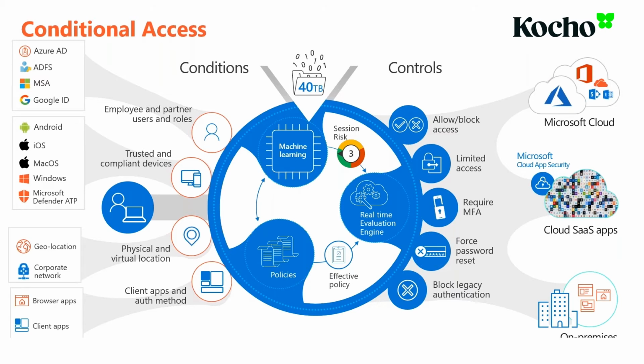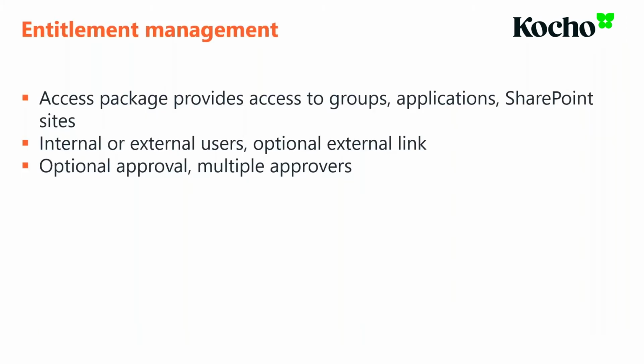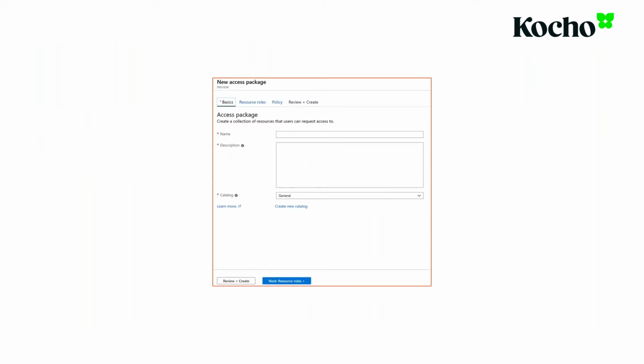Another way of inviting them in, besides the initial email invitation that we talked about, is to use a feature called entitlement management. Within that, we create something called an access package, which can provide access to a bunch of resources, so groups, applications, and SharePoint sites. And this can be provided out to your external users, and they can go in and apply for access and then get approval. So as an IT admin, I create an access package in the first place, give it a name.